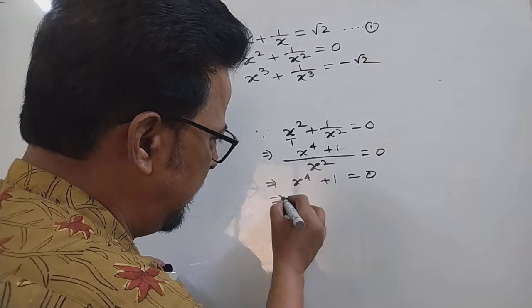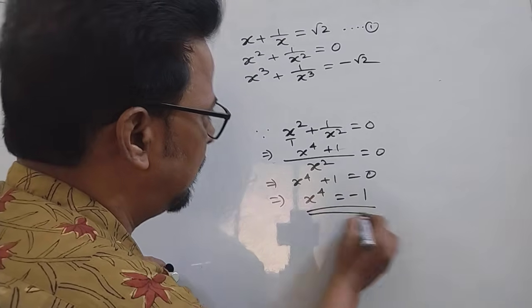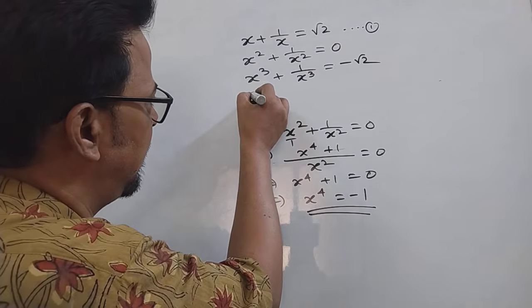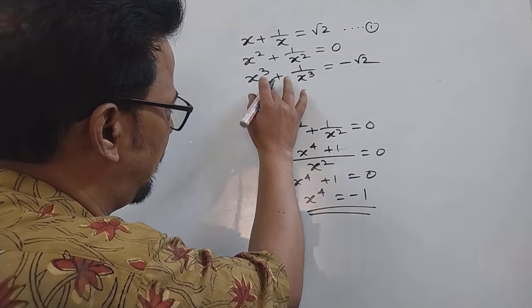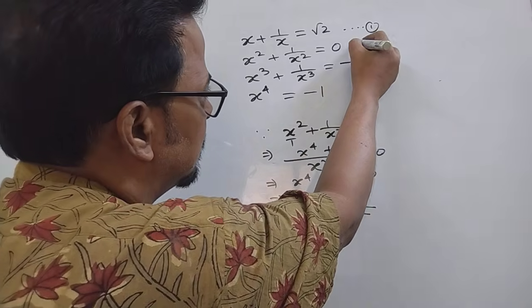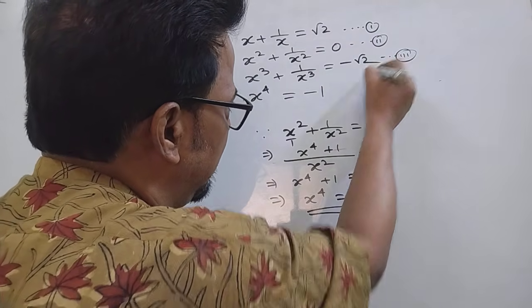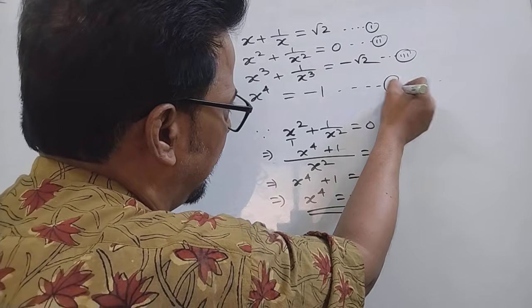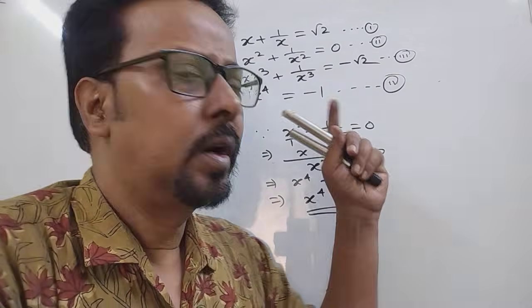So simply x to the power 4 equal to minus 1. Another value is x to the power 4 equal to minus 1. So this is number 2, this is number 3, and this is number 4. Now from these 4 conditions we can find all the required values.